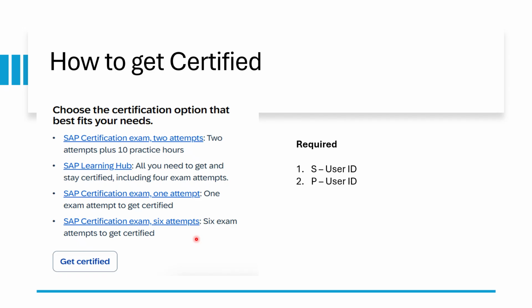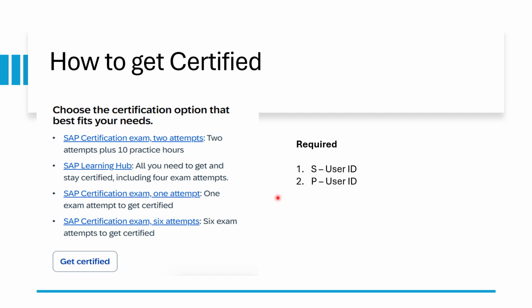And when you buy that option, you complete the payment, immediately you won't get those attempts, okay? SAP takes 2-3 days for validating your order. Once it validates the order, you will get an email that your subscription is active, your payment is validated, and now you can take up the examinations, okay?